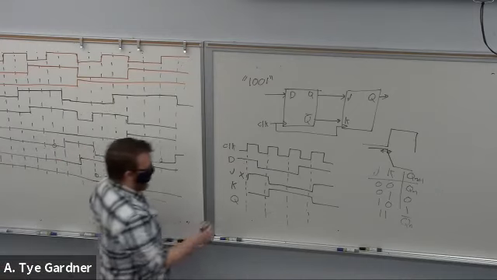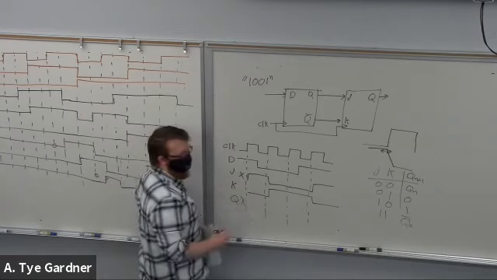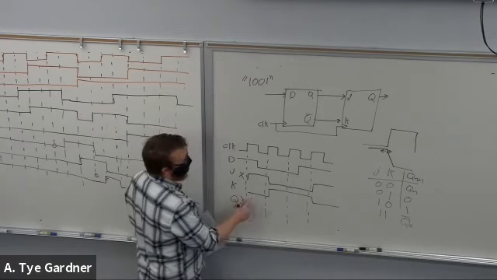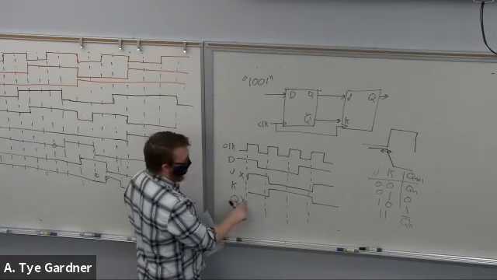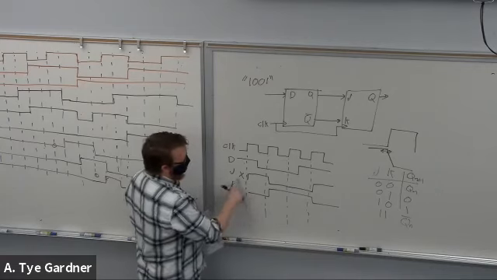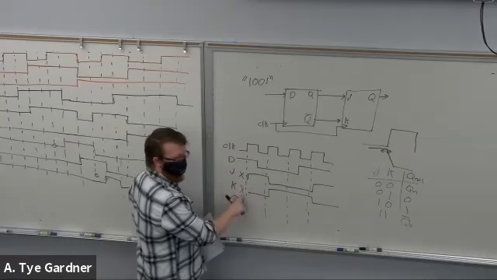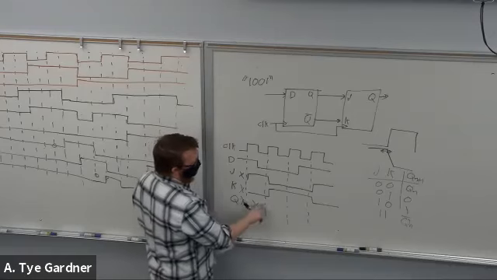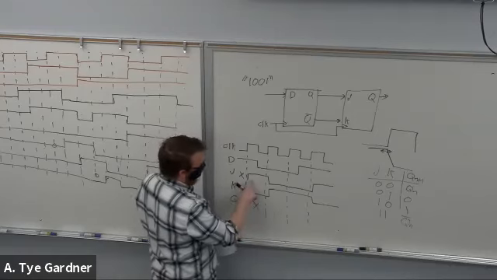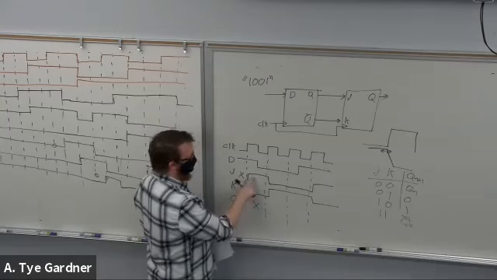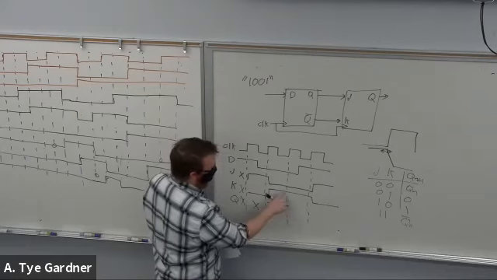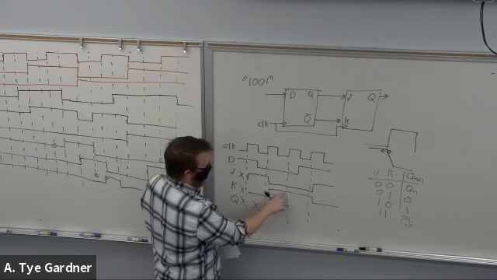So then Q, well, Q doesn't know what it is at the beginning. It still doesn't know what it is, right? Because this rising edge of the clock happens, and it's updating based on J and K, which are unknown. So it still doesn't know. But now on this rising edge of the clock, it does have a J and K value. In fact, J is 1, which is set. At this rising edge of the clock, K is 1.